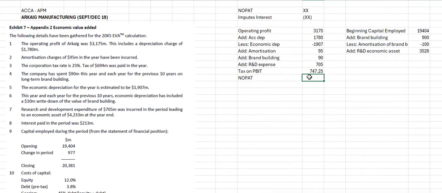Okay. So now the NOPAT, net operating profit after tax, we have got this one. Double check whether we have taken everything. We have taken operating profit, depreciation we have adjusted, and then tax we have adjusted.